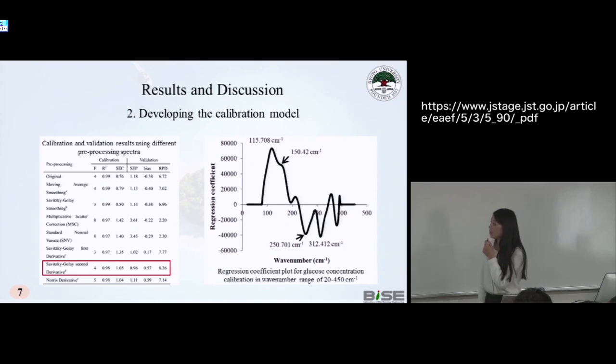Also, you can see the regression coefficient was 2 times higher in the low frequency region than in the high frequency region. It indicated that the intermolecular hydrogen bonding was higher than that of the intramolecular vibration mode in glucose concentration.